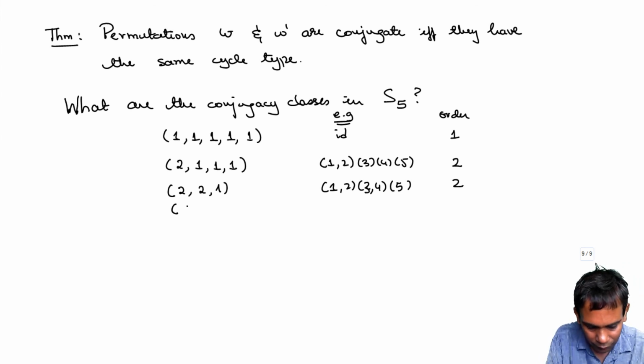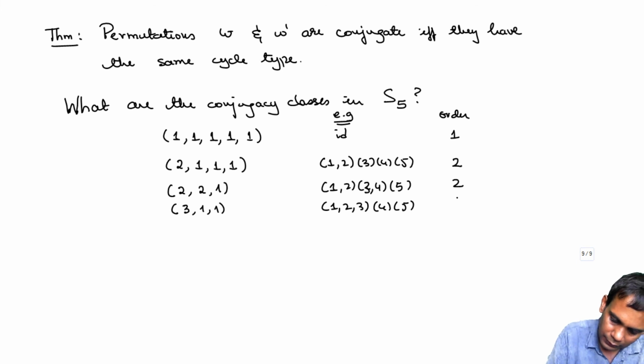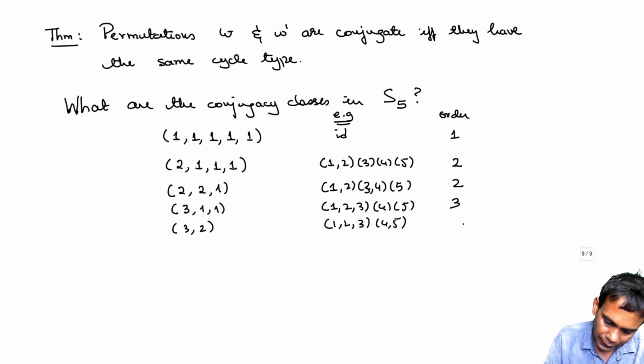Then we have 3, 1, 1. You could have a 3 cycle and then two 1 cycles. The order here is 3. You have 3, 2. For example, this, and the order here is 6.